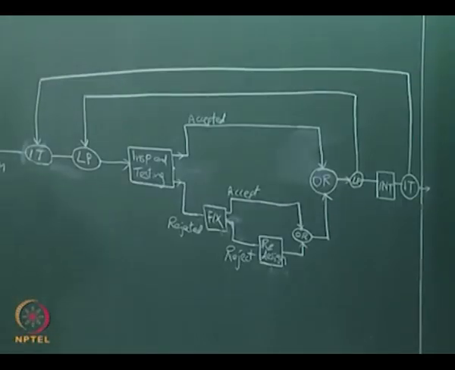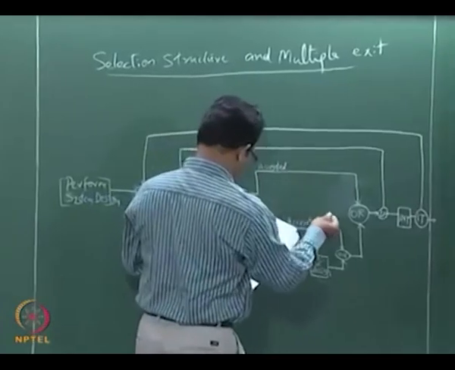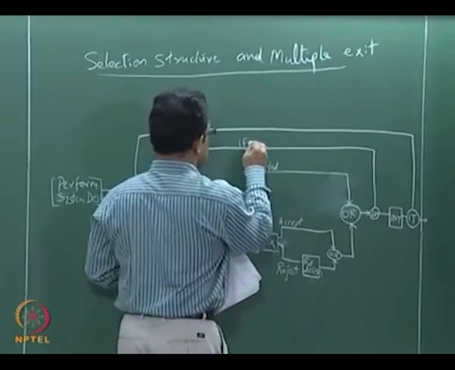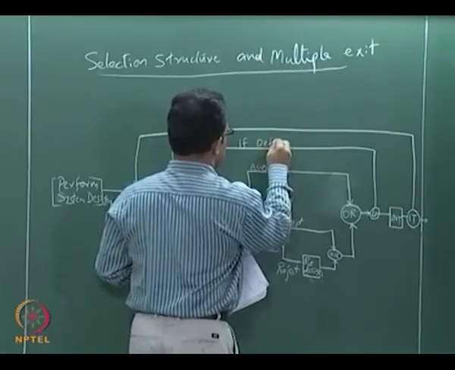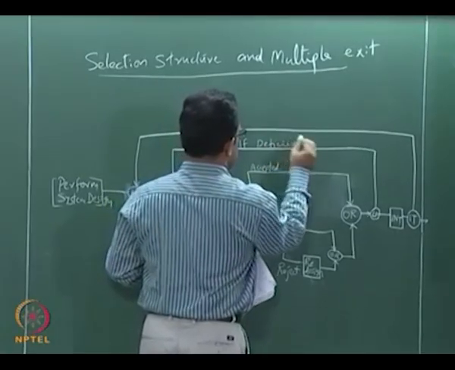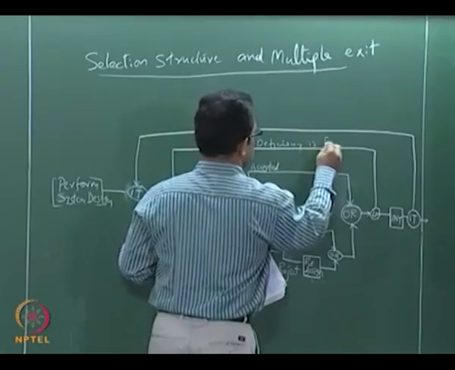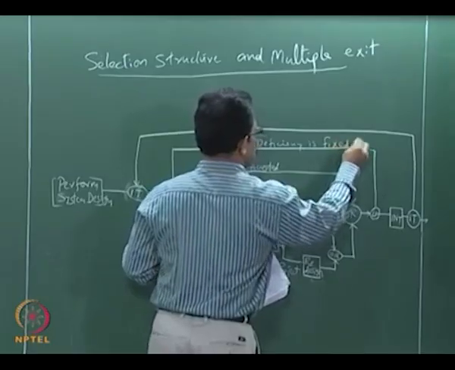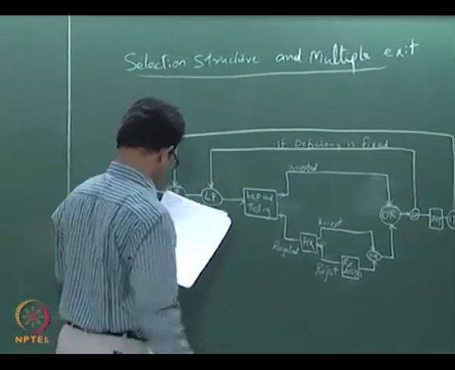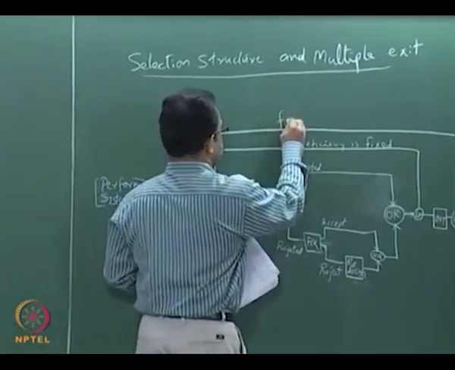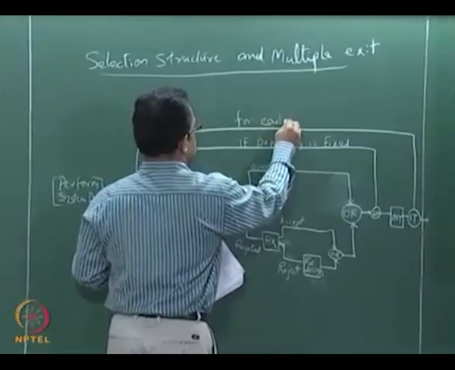So this is a selection and multiple exit structure. So this is the loop for if deficiency is fixed. So if the deficiency is fixed, then a looping will be there, and this is for each subsystem this process will be done.